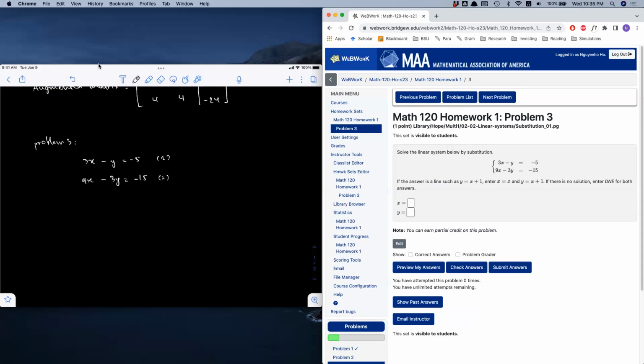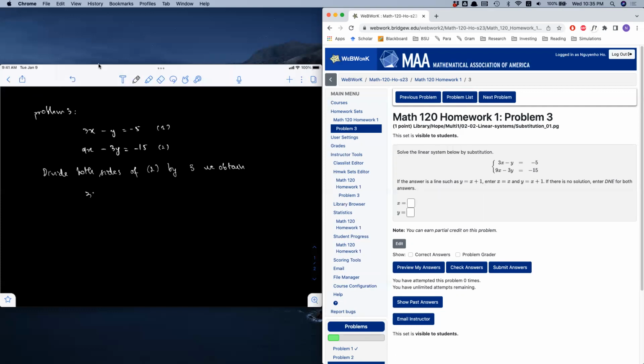From equation 2, if you divide both sides by positive 3, we obtain 3x minus y equal to -5. This resulting equation is exactly the same as the first equation in the system.